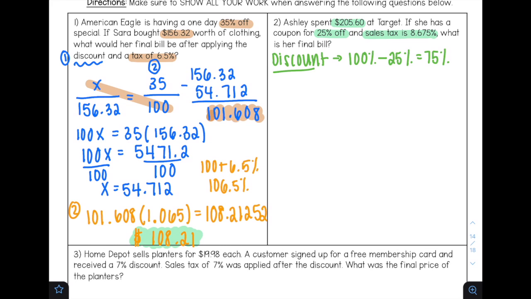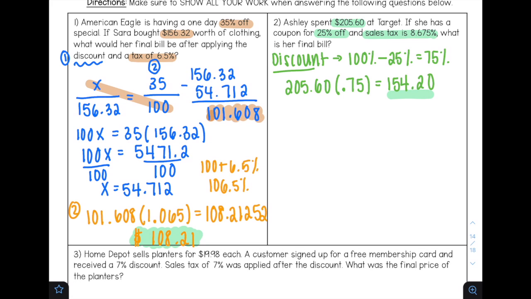So I'm going to use that with my $205.60. I'm going to convert my percent to a decimal and get 0.75. This is going to give me 154.20.